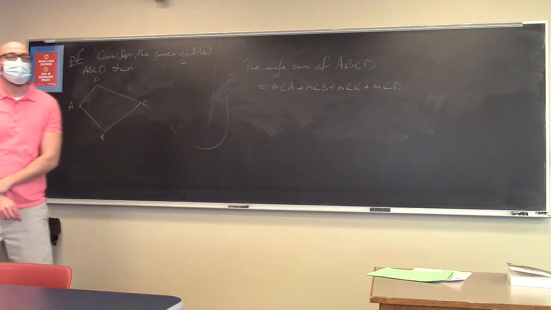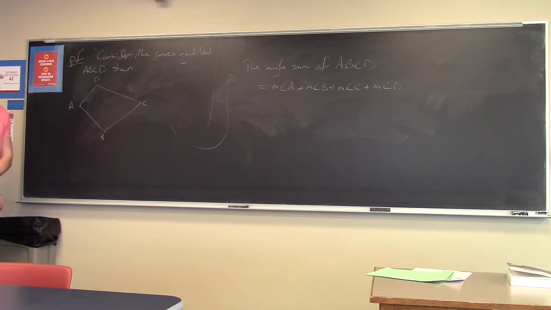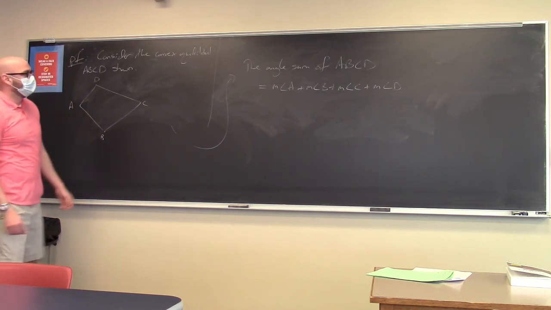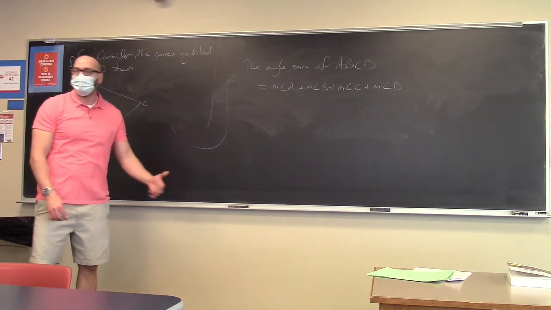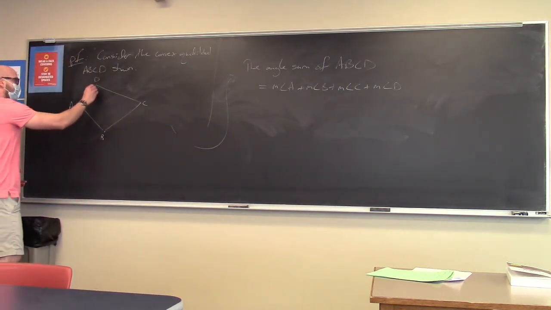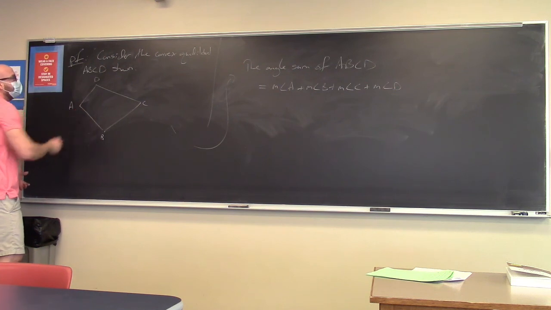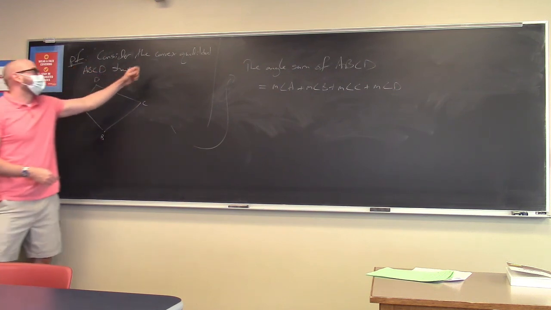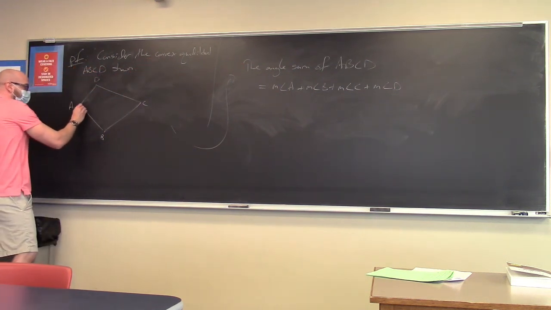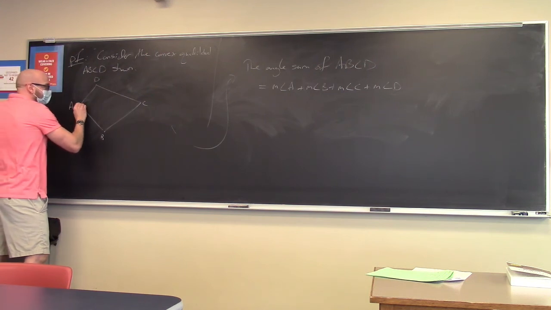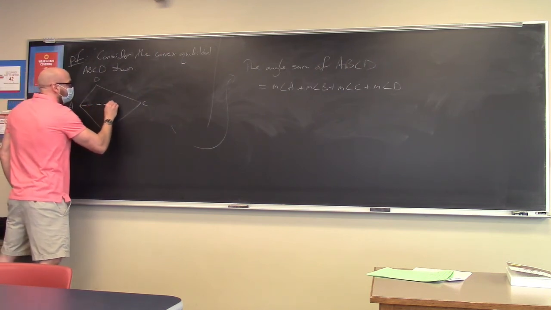Well, now let's slice it. As we always do with quadrilaterals, we'll slice it into triangles because everybody loves triangles. And we'll use any diagonal that you want. This is convex. This is where the word convex comes in. Convex guarantees that I can draw diagonals that are inside the quadrilateral. So how about I just cut it this way.